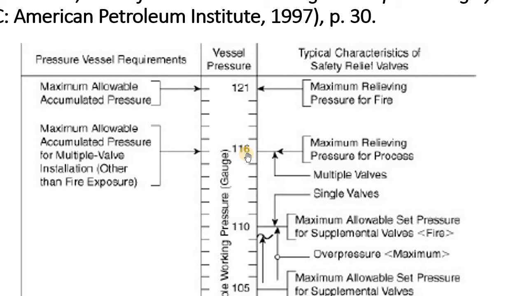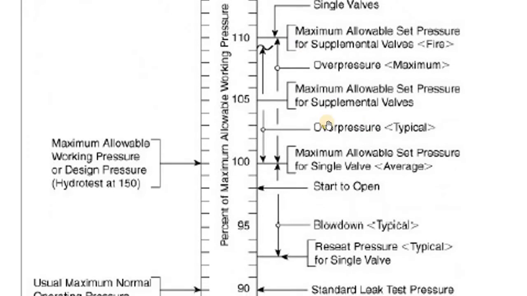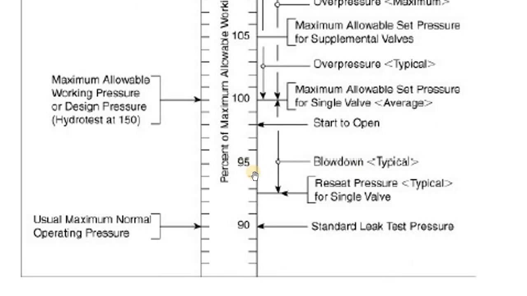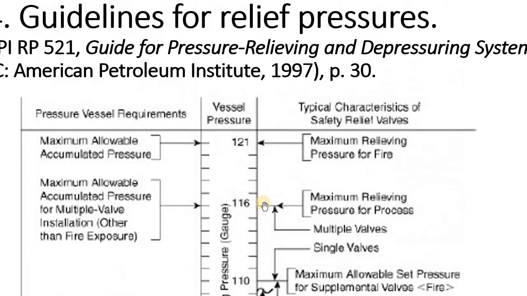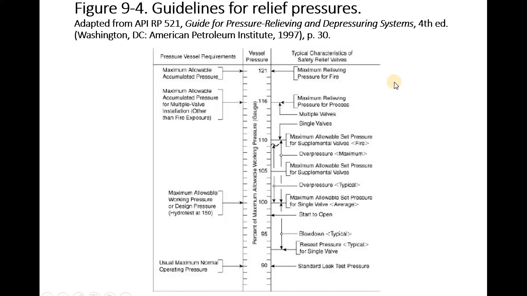So it's about 116 gauge pressure. We are talking about maximum relieving pressure for process, and that could be for multiple valves. For single valves, the maximum pressure usually is at 110. Overpressure is usually between 100 and 105. A blow down is usually at this region here. So this is just a guide for pressure relieving and depressurizing system for valves.